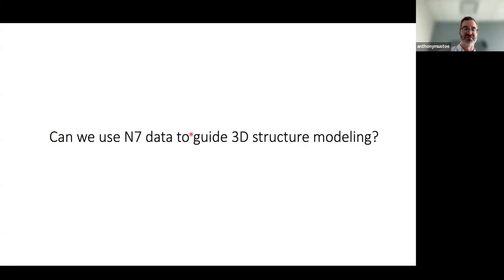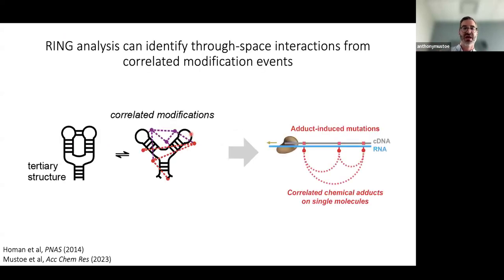So as a different way of getting at this question, what we did is we used these N7 reactivity data to measure what we call rings, which are correlated modification events in single molecules. That basically reports on sets of nucleotides that become coordinately reactive or unreactive.